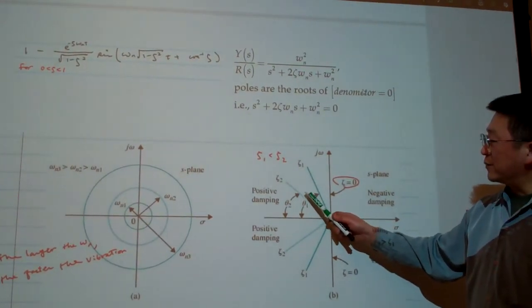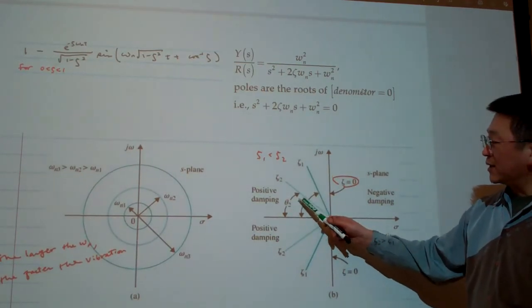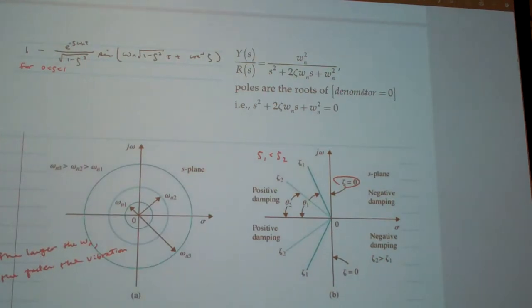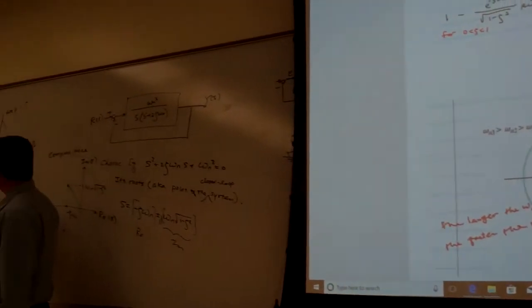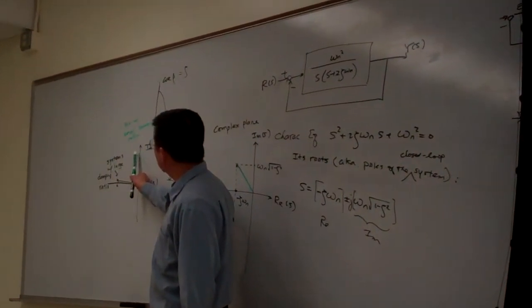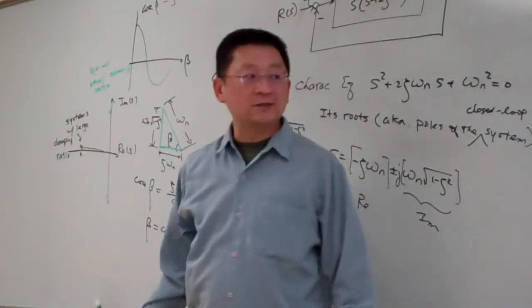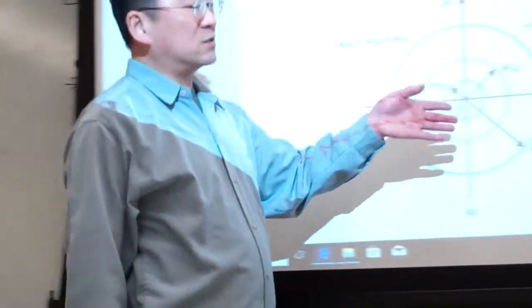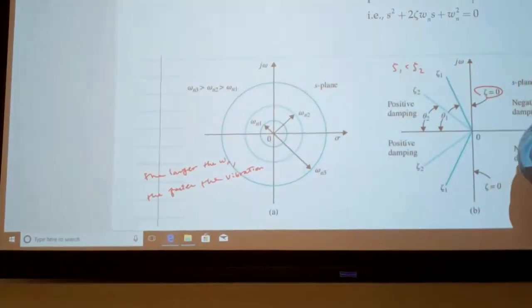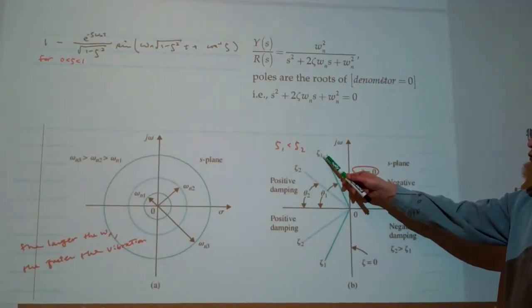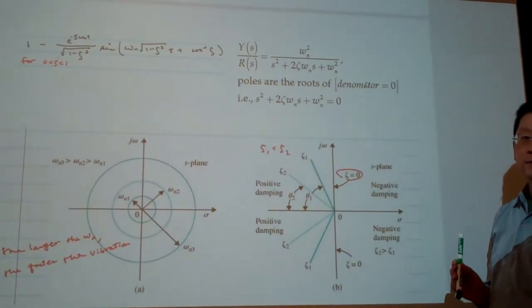Remember my note: for the system with smaller damping ratio, the poles are closer to the imaginary axis. So of course zeta 1 is smaller, zeta 2 is larger.